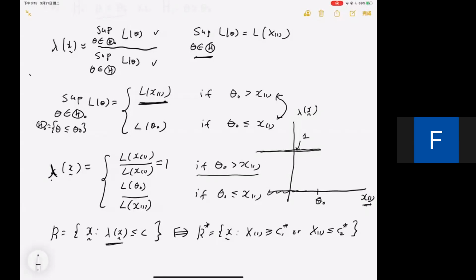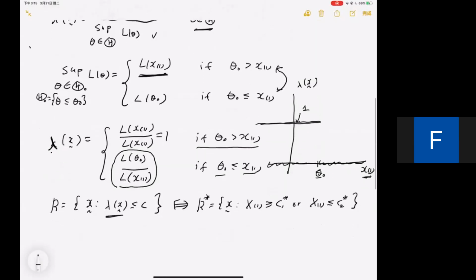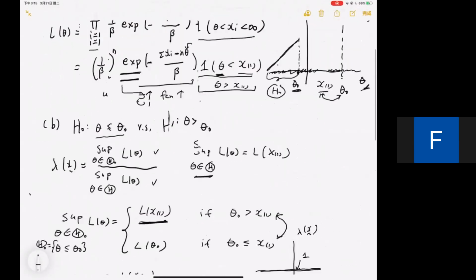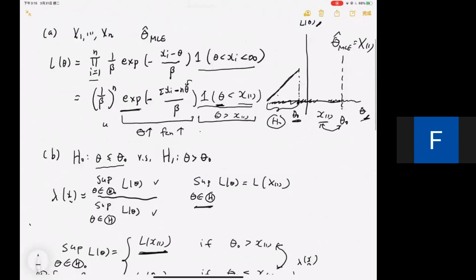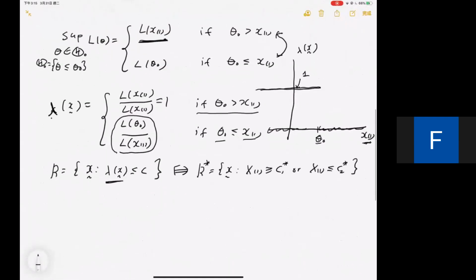Then if x1 is bigger than theta 0, it's this domain. It's the ratio right here. Okay? So we need to derive a little bit about the ratio. I haven't done so, right? No, I don't think I've done so. So I should write it.